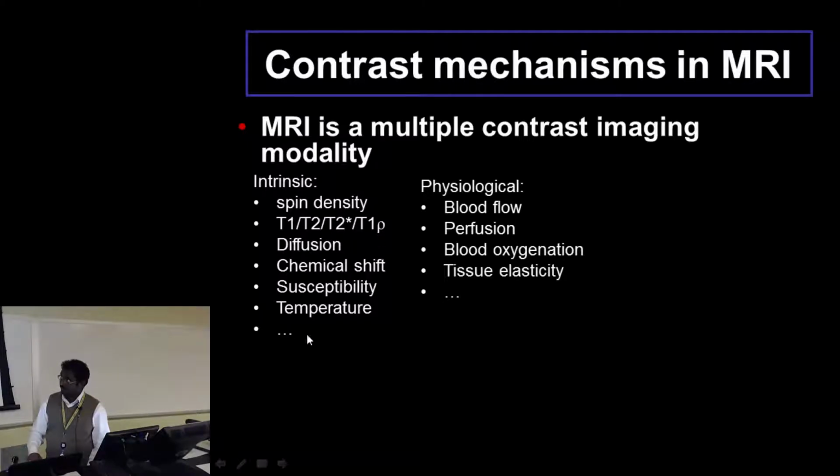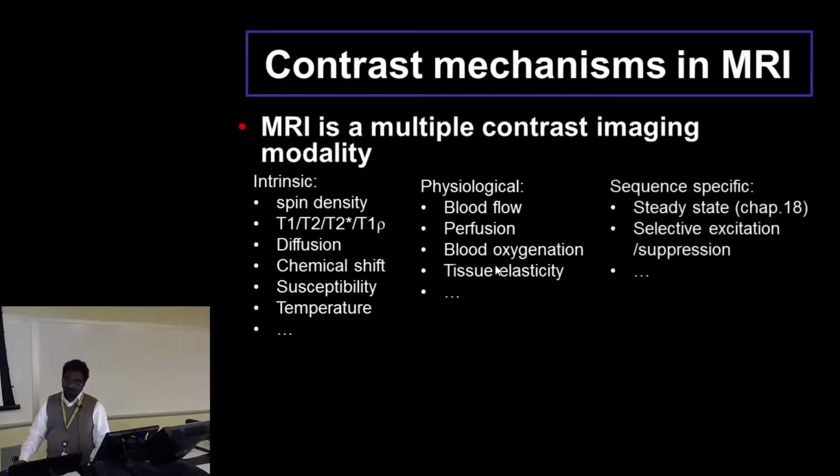The basis, of course, is this, but you can generate contrast based on these by actually modifying your mode of acquisition, your experimental design, basically. And by using different experimental designs or sequence designs, you could actually do different types of imaging.